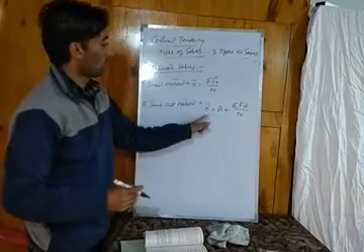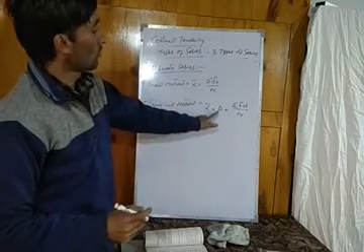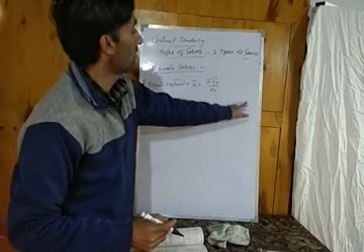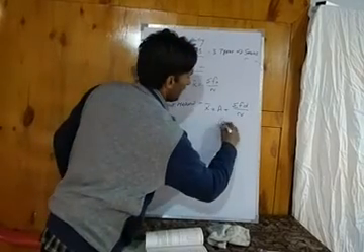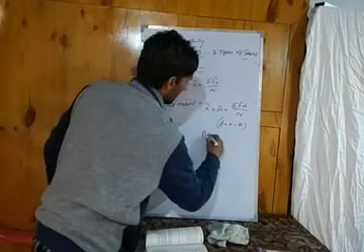This is the formula for calculating mean in discrete series. That is, x bar is equal to assumed mean plus summation fd divided by n. d is equal to x minus a. A is assumed mean.